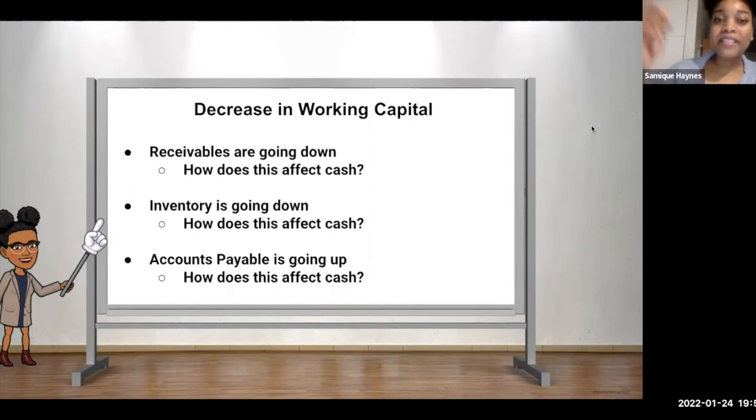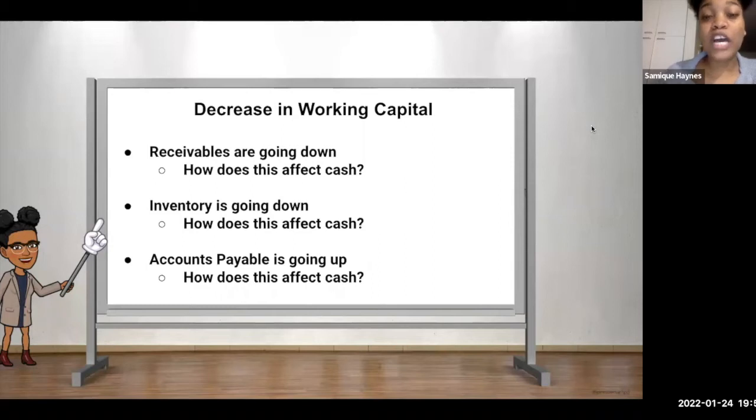Good job. But once our inventory starts going up, what causes it? Exactly, we're buying more inventory, so our cash is going to go down. So if inventory is going down, are we going to add or take away in our cash flow statement? And if our inventory is going up, what are we going to do? Take away.